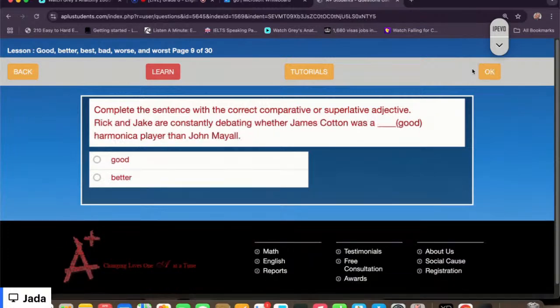Rick and Jake are constantly debating whether James Cotton was a good harmonica player than John Mayall.